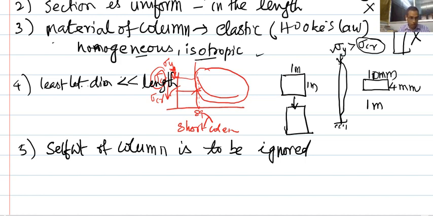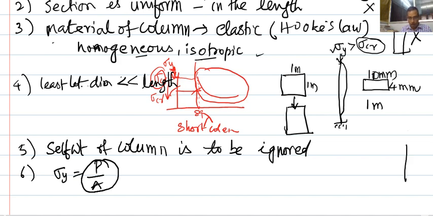The next important assumption is that the direct stress is very small compared to the bending stress corresponding to the buckling condition. The direct stress means what? Sigma y, that means P by A. This is going to be very small compared to the bending stress corresponding to buckling. Bending stress means it is buckling stress only.